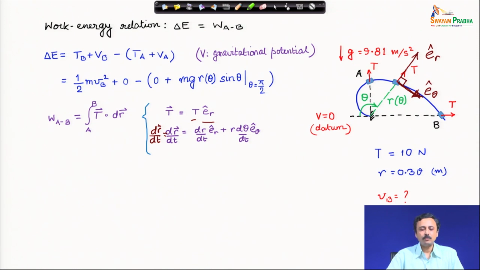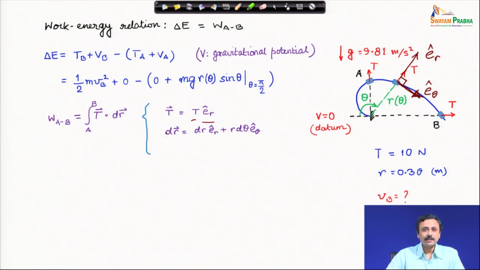Therefore, I can remove this dt, and hence dr vector must be equal to dr E r cap plus r d theta E theta cap.